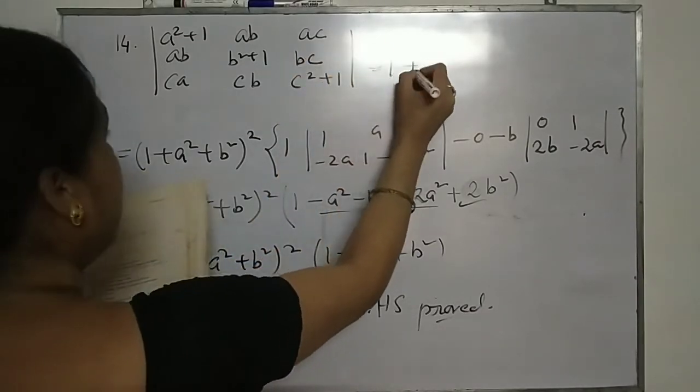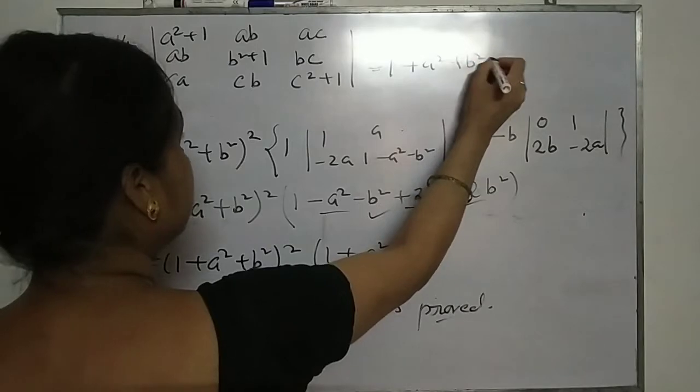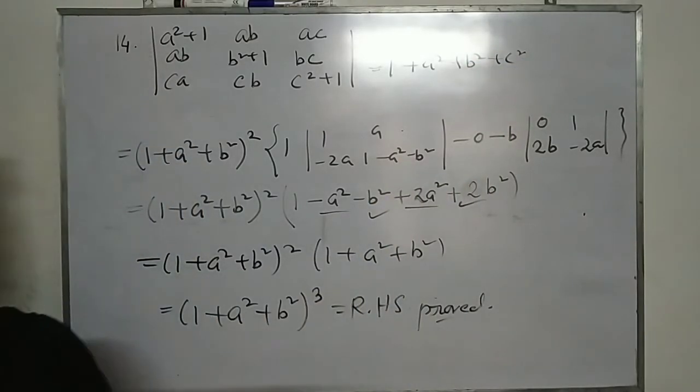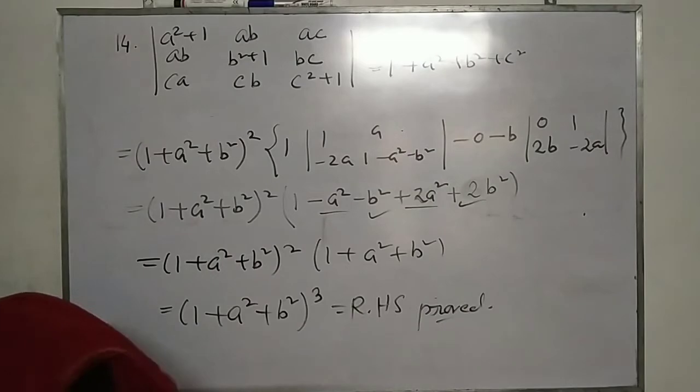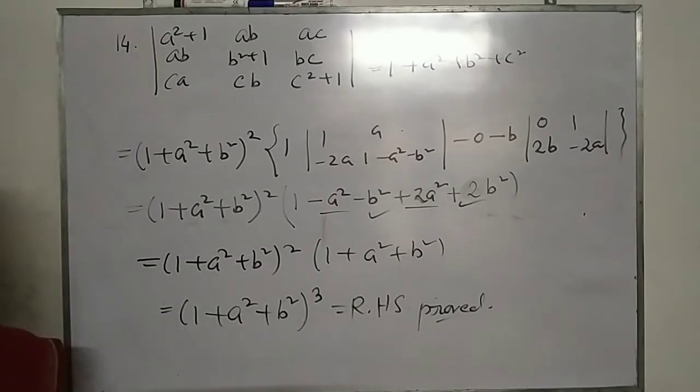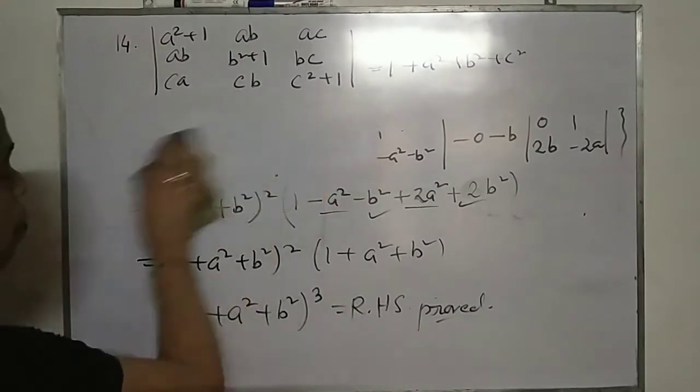You have to get 1 plus a square plus b square plus c square. This is your right hand side. This is your question number 14 from exercise 1.4.2.